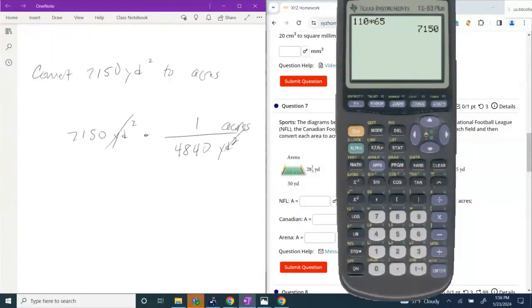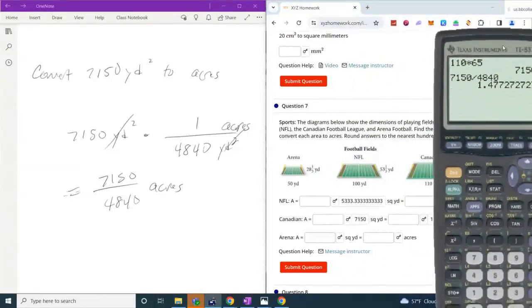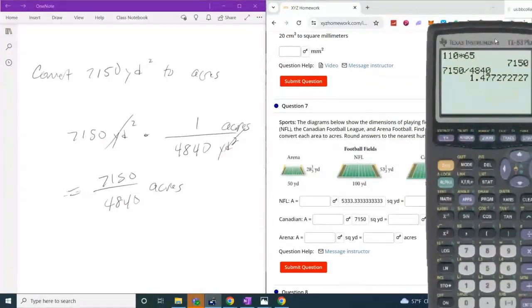I'm going to multiply my numerators, so that's 7,150 over 4,840, and my unit is acres. So 7,150 divided by 4,840, and we get 1.48 acres.